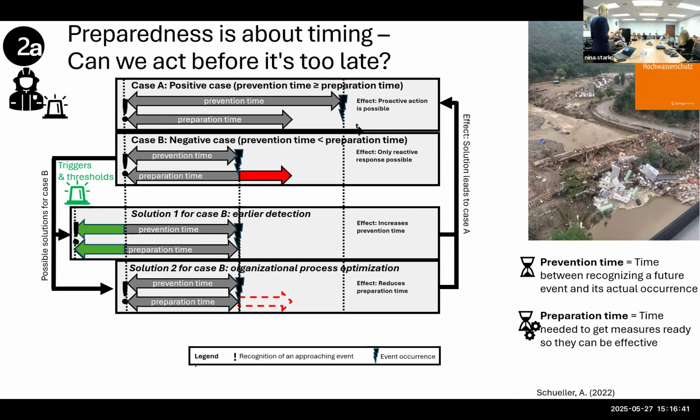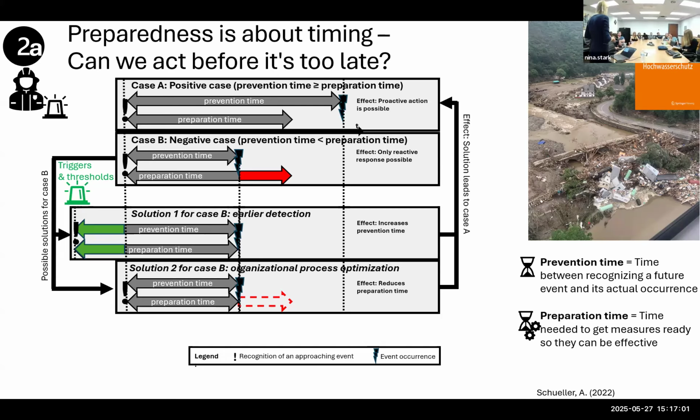So the best thing is to combine those different solutions in one thing. And in my opinion, triggers and thresholds is the thing where we as researchers can really help to improve things. And this is where I'm really engaged.